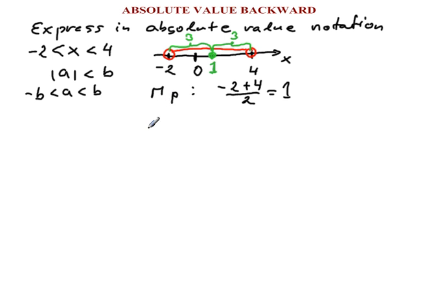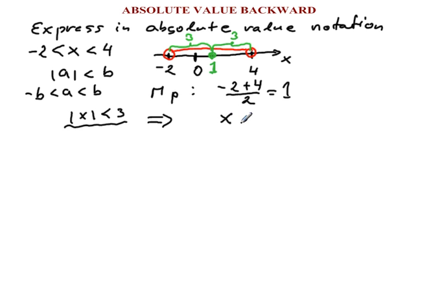So if I gave you the statement absolute value of x is less than 3, you would know that the center is at 0, and you have 3 units to the right, 3 units to the left. Now, in our case, the center has been shifted 1 unit to the right.